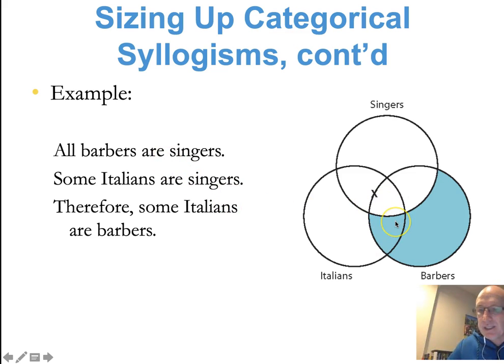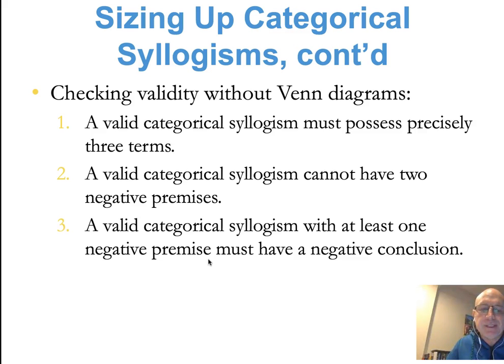It's a logical deduction that there are some Italians who are barbers, because some Italians are singers, and all barbers are singers, and Italy must have at least a few barbers, and those barbers, because all barbers are singers, would sing. And so you would diagram it in this way. All right, hope that makes sense. Think it through, just play around with the diagram a bit and see what you come up with.